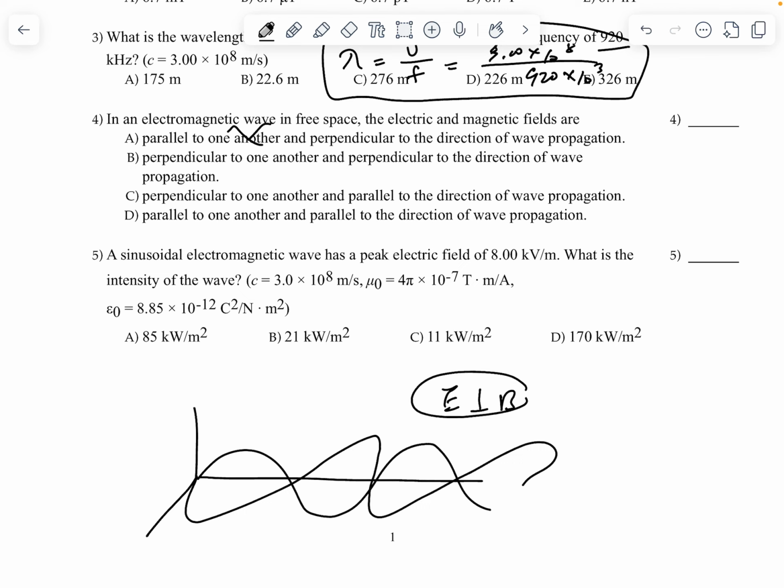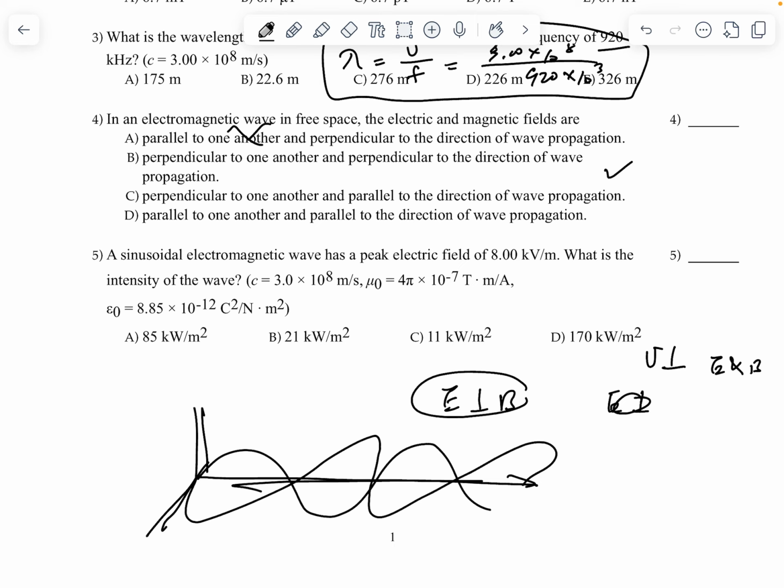Basically V is perpendicular to the plane formed by E and B. So E and B form a plane, and the speed of the wave is perpendicular to that plane.